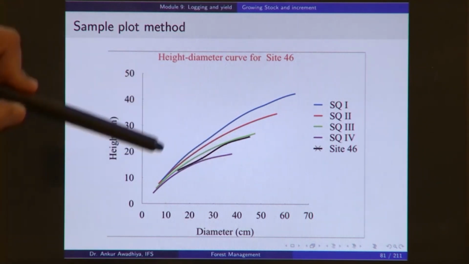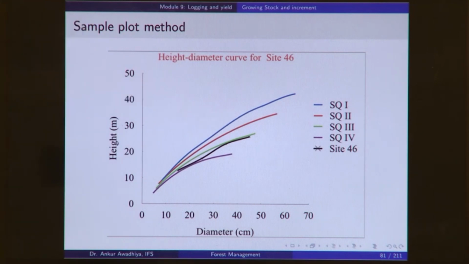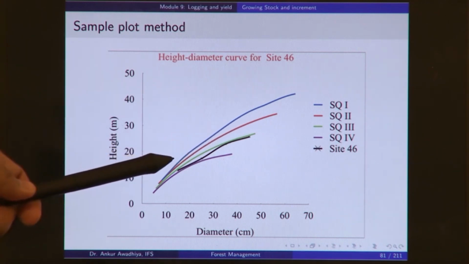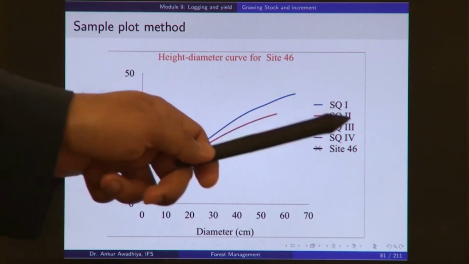You plot this, and you also plot the diameter and height data of different site qualities that you get from the yield table. Now, if we look at this curve, we can very easily see that this black line is close to the green one. The green one is site quality 3.